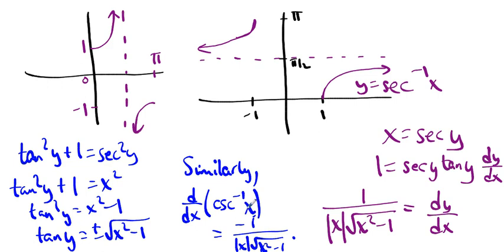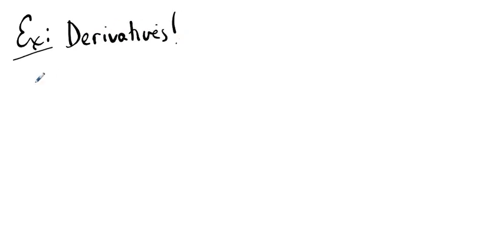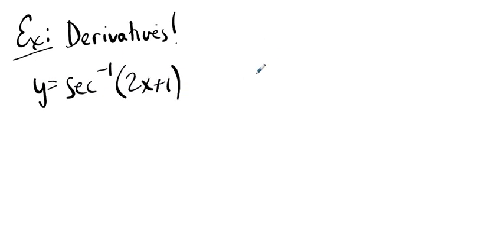That's better. Okay, so we could run through a whole bunch of examples, and that wouldn't be terribly difficult to do. We could run through examples like, let's find some derivatives, like the inverse secant of 2x plus 1.